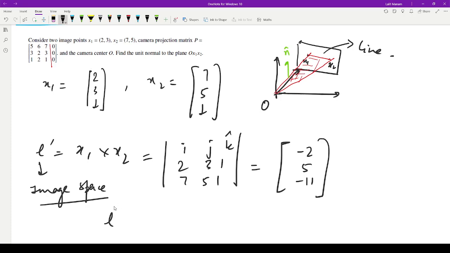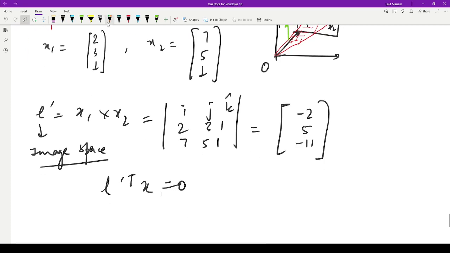So we know that this line, I will write it as L prime, L prime transpose x should be 0, where x is in the homogeneous coordinates.